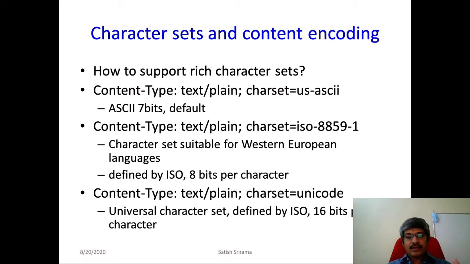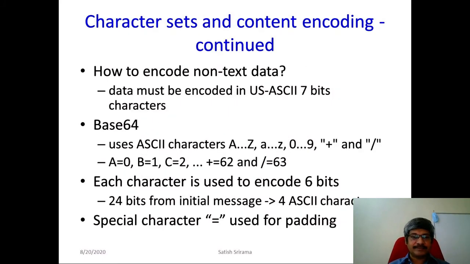Before this mail leaves your server and reaches the mail server, the message you have composed has to be encoded into US-ASCII 7-bit characters. That means you take your current message and convert it into US-ASCII 7-bit characters.